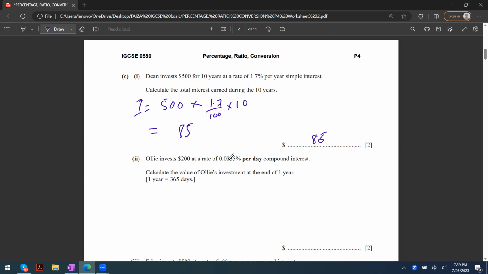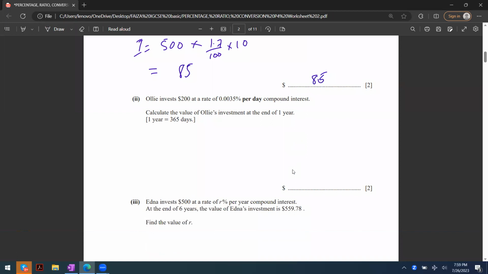Ollie invests 200 at a rate of per day. Calculate the value of Ollie's investment at the end of 1 year. The same formula. But there is one thing different here. Per day. So in 1 year, obviously you know that there are 365 days.